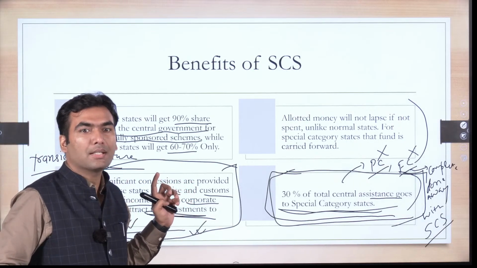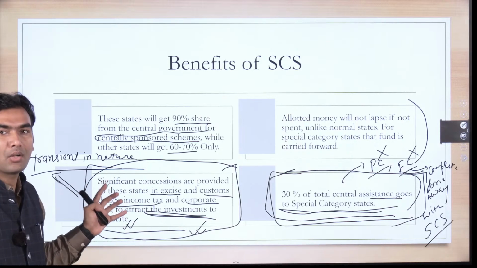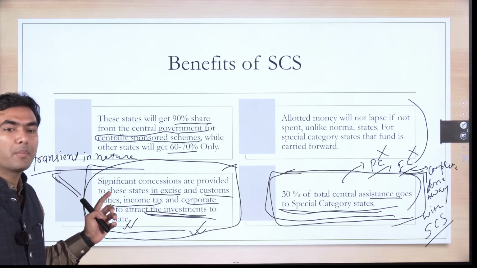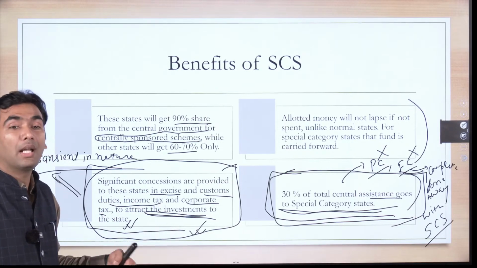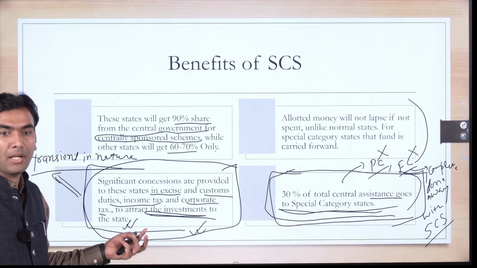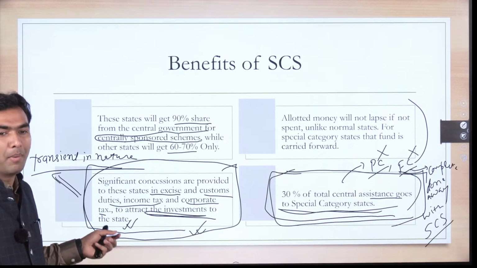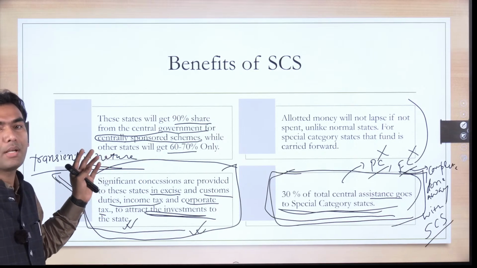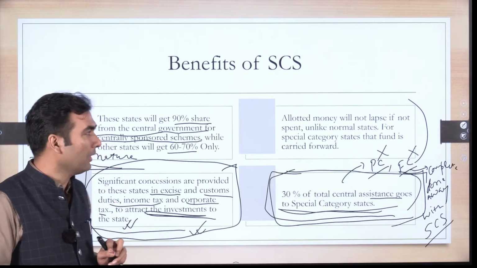Bihar as a state is not able to attract investment, not because there is higher taxation or custom duty, rather because of other issues like lack of raw material, lack of market, lack of law and order. Those are the problems which are not going to be solved by this transient or temporary tax break that you can get. Okay.